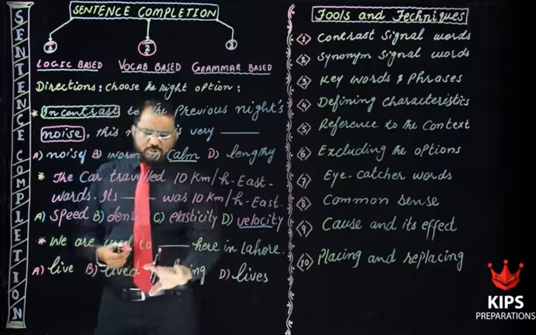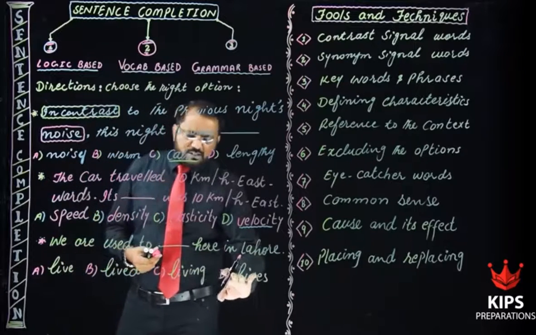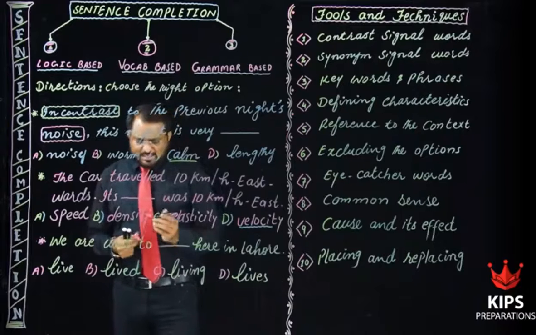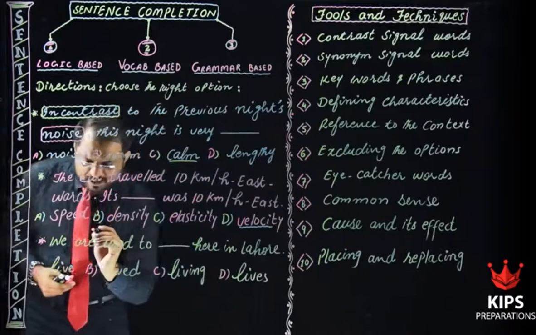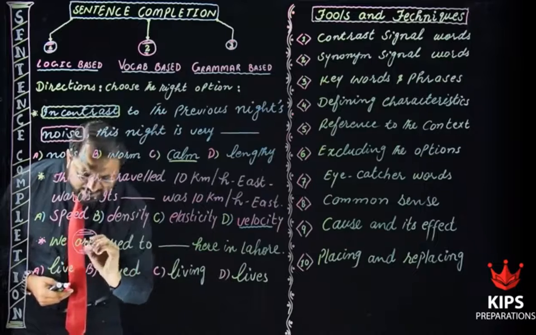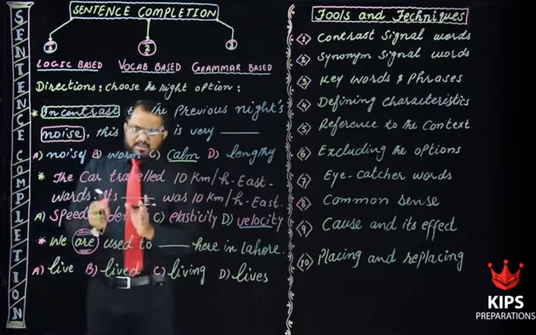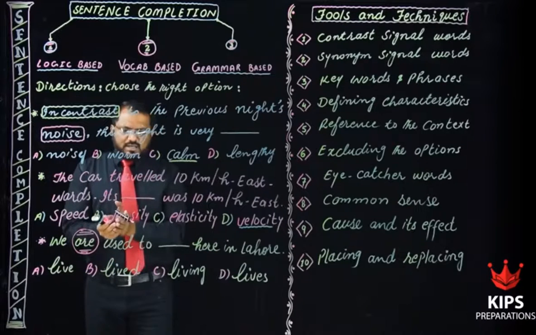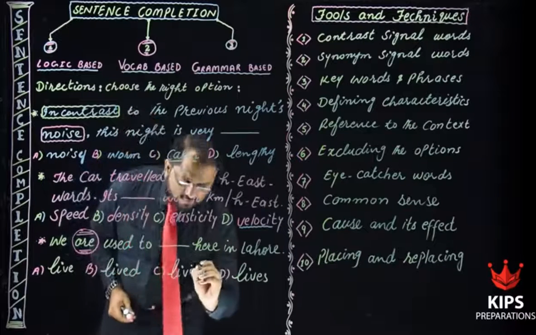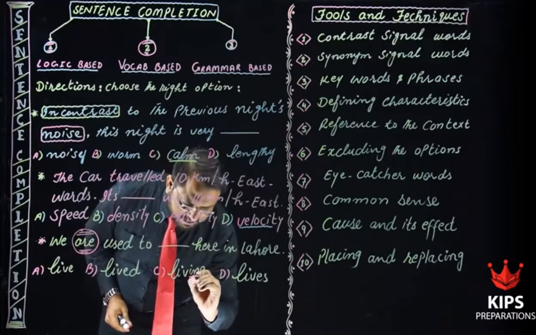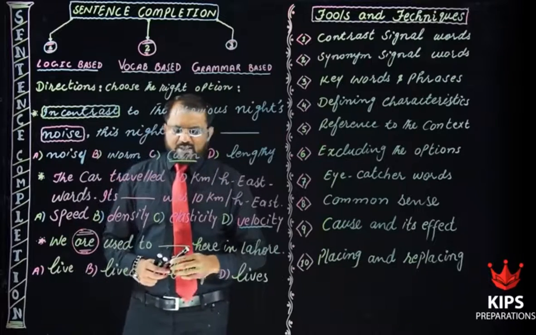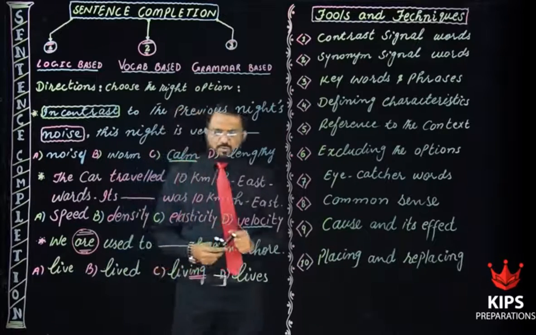We are used to living. We are used to lives. Certainly, you can say that the presence of 'are' clearly lets us know that words like is, am, are, was, were go with the ing form of the verb. So D is your answer. This answer we guessed on the basis of our knowledge of grammatical rules.